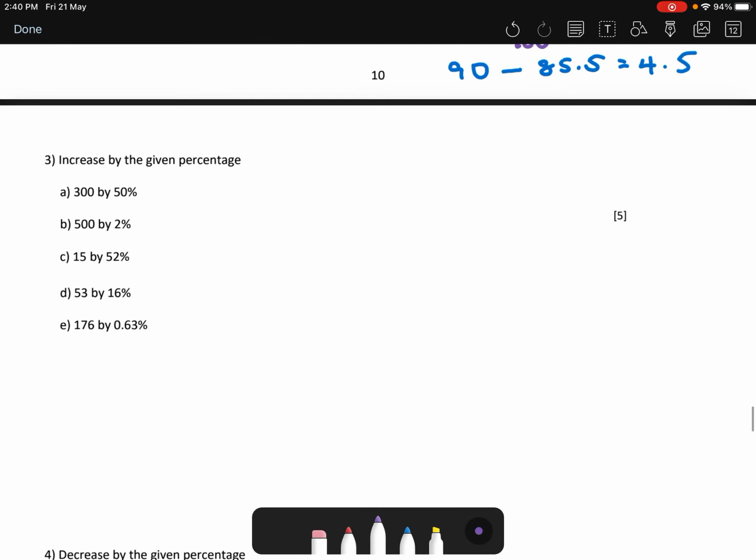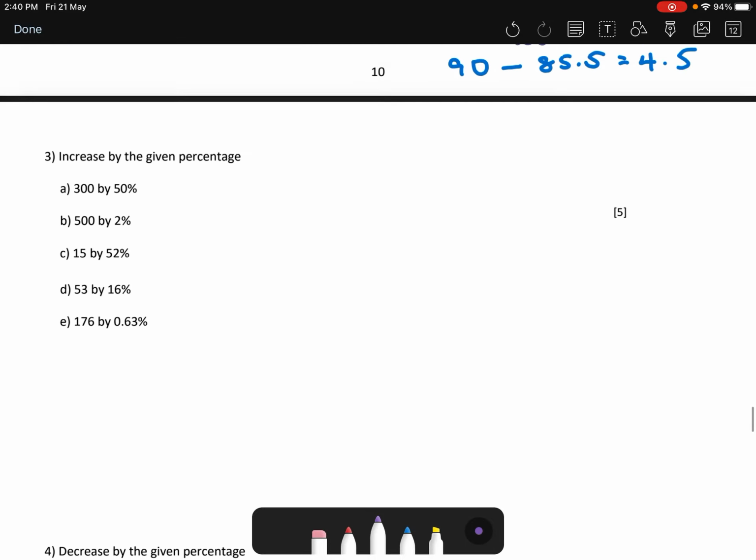Okay, question 3. So it's the same thing. I increase by the given percentage. So 300, I increase by 50%. So same thing, I'm going to show you the first and second method. See which one you like. So first method.